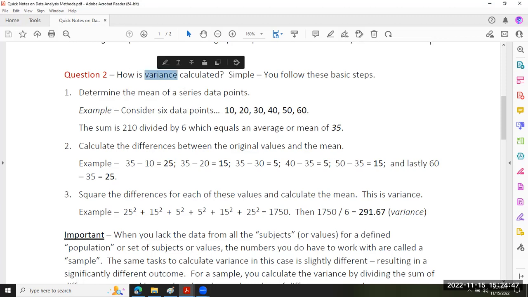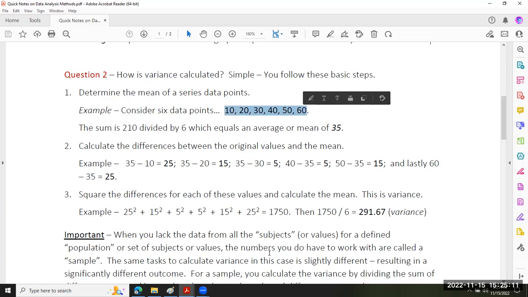You have this descriptive statistical quality called variance. And when you calculate variance, it helps you gauge, in a nutshell, just as the name implies, how quantities vary, right?